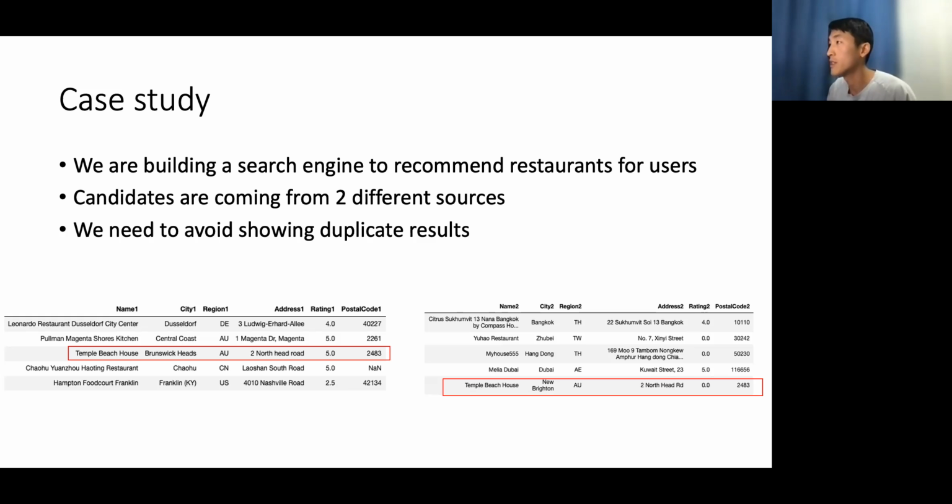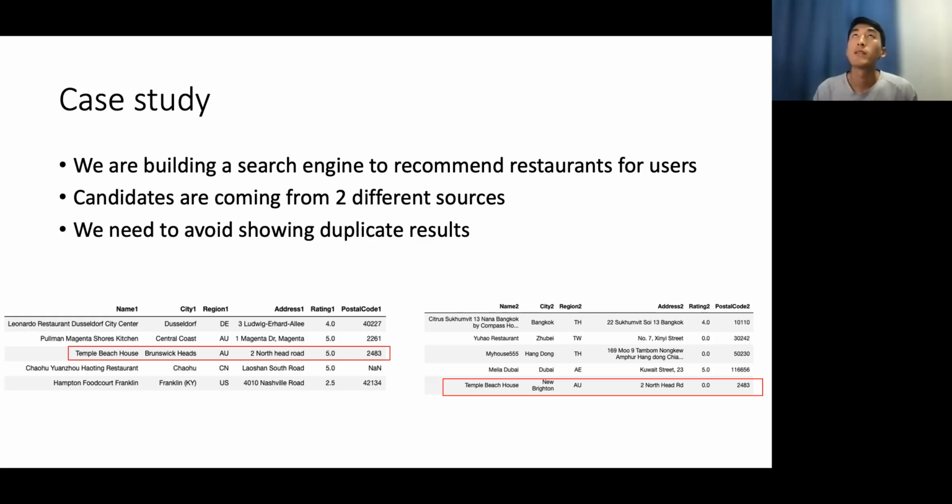And you can also see some other features are different too, like the ratings as well. So this is just one example. We can see more examples in the later part of this presentation. Sometimes you can have a totally different restaurant name, but they actually represent the same property.